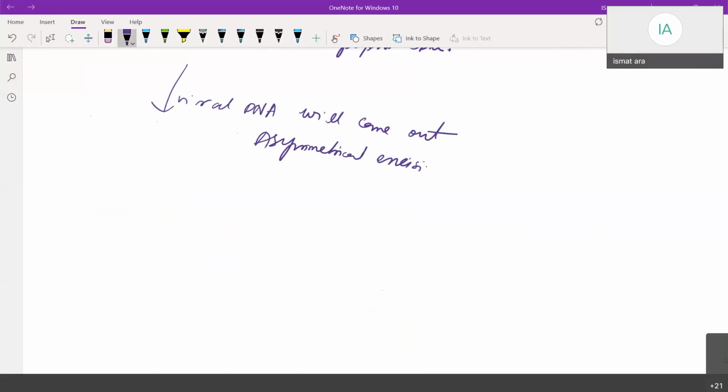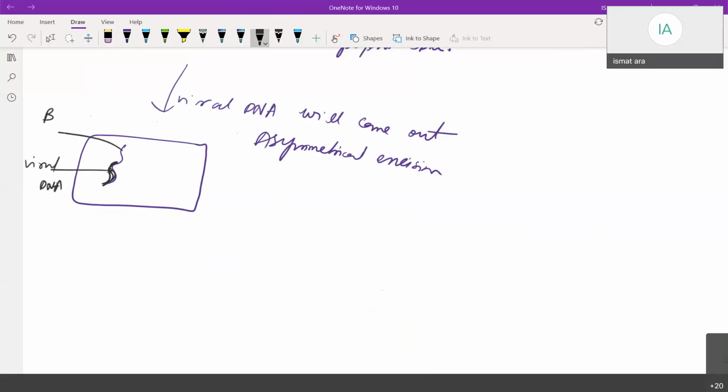Suppose this is the bacterial cell. This is bacterial DNA, merged with viral DNA. Let me change the color first. Viral DNA I have shown with black, and this is bacterial DNA. So this DNA comes out from that nucleic material.